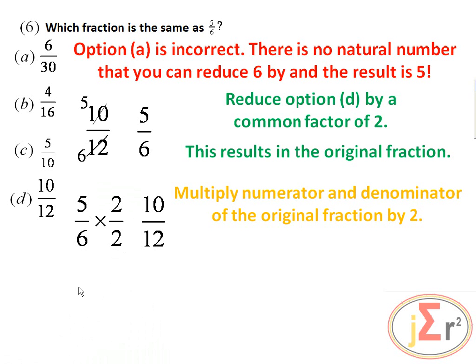So we may take either of the two approaches in arriving at our correct answer: we take the original and multiply both numerator and denominator by a common factor of 2, or we take the one in option D and reduce the fraction by a common factor of 2. So we may increase one or we may reduce the other.